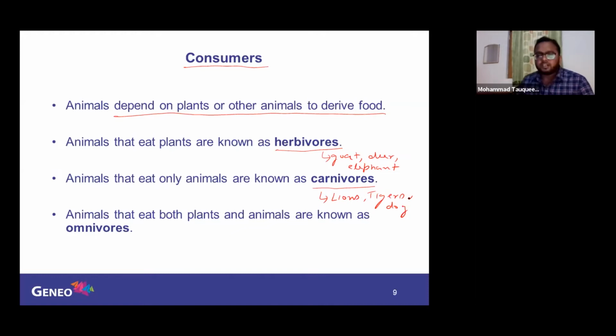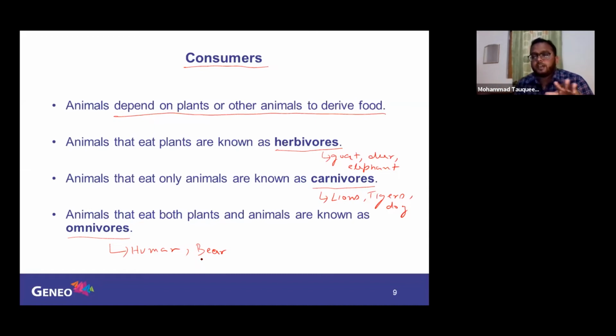Now omnivores are those animals which eat both plants and animals. A very clear example of omnivores is human. We eat meat and vegetables also. Next, in omnivores, you can take the example of bear also. Bear can eat flesh as well as grass.